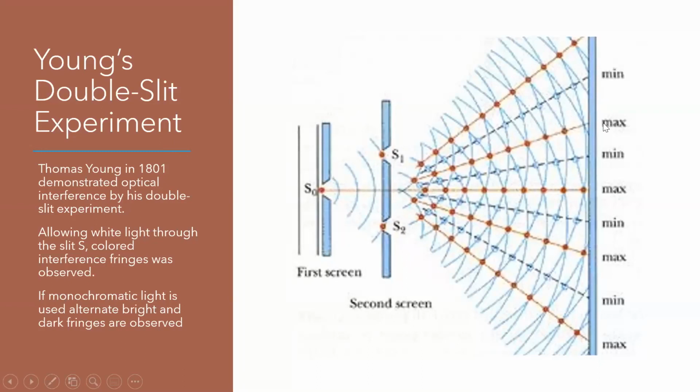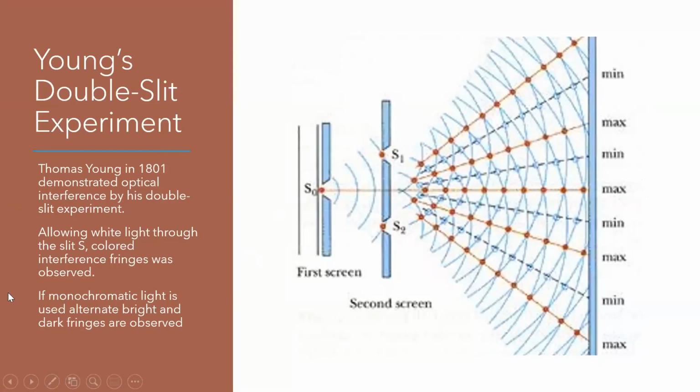When it fell on a screen, what he saw was minimum intensity, maximum intensity, minimum intensity, maximum intensity, the interference pattern shown by any wave. This he did with white light. When he used white light, what he got was colored interference fringes.